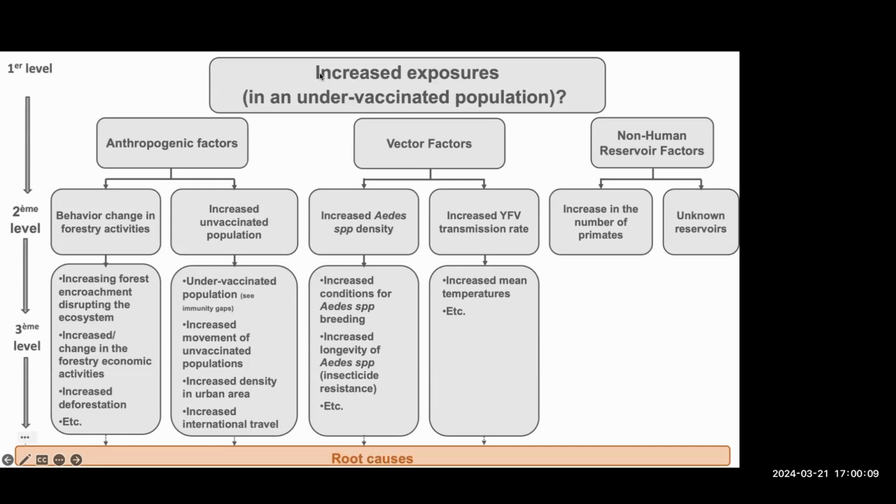So it really depends on where it will be. If it's, as I said, in a city, then you have all the questions on whether the patients traveled, etc. But that is in another part. Before going to the immunity gap and the surveillance gap and the increased exposure, you have another part where there is all the information on the yellow fever cases with the characteristics.